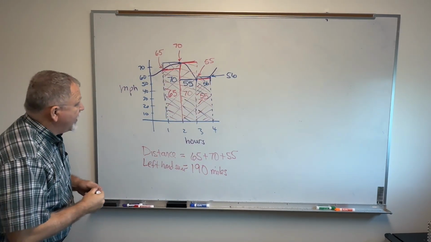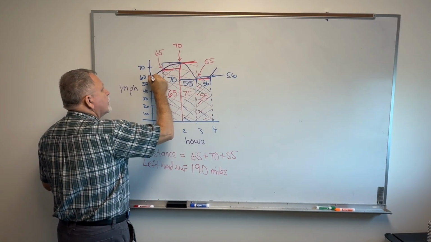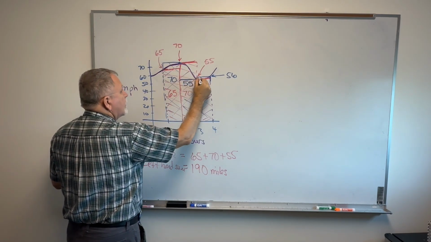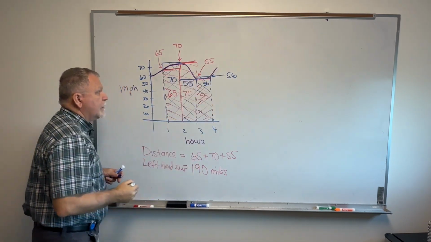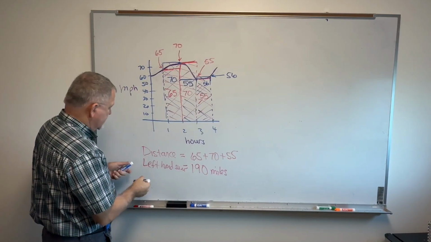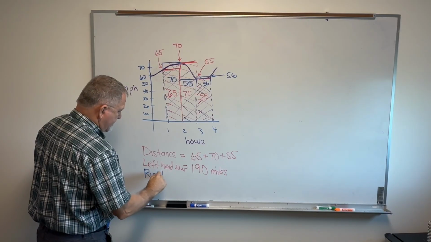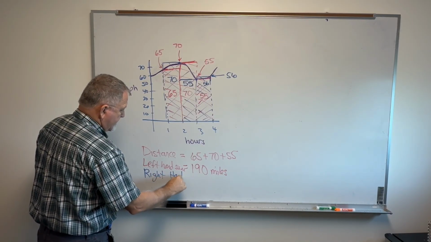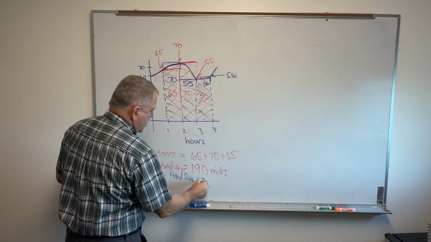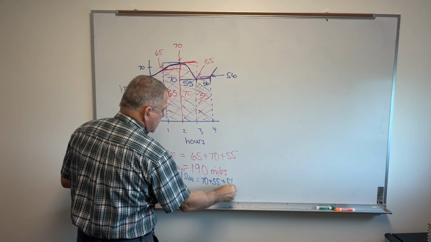So let me redraw that purple graph just so you can still see where it is. Okay, there we go. All right, so let me go ahead and calculate that right-hand sum. That was the blue one. So the right-hand sum would be the 70 plus the 55 plus the 56.